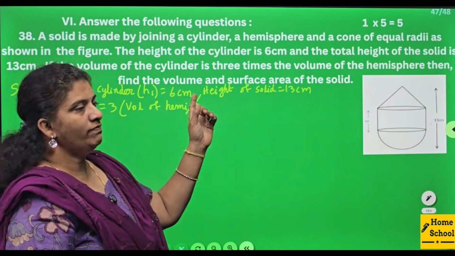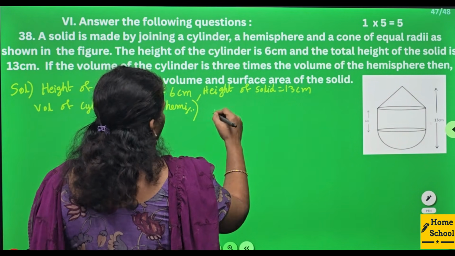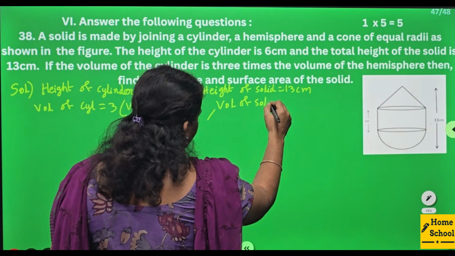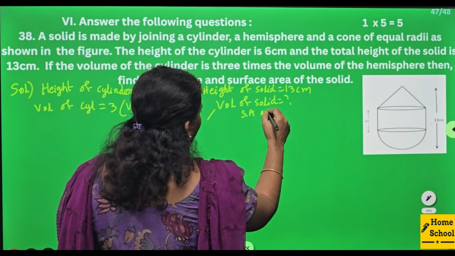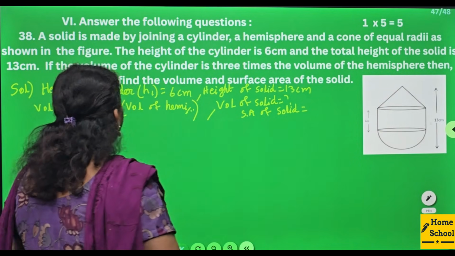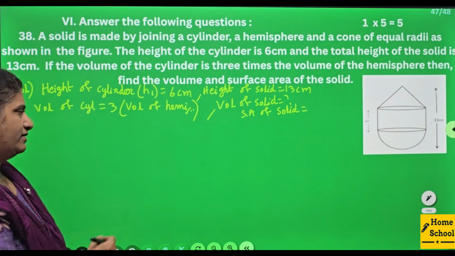Find the volume and surface area of the solid. So, find the volume of solid, one question, and surface area of solid, another question. Right? Some condition given. With this condition, I think we may find radius.